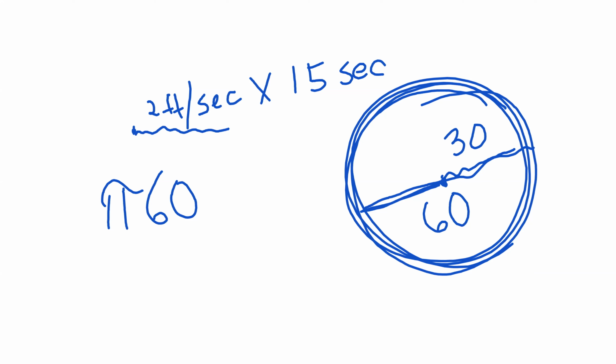Because just using the numbers like 2 and 15, let's see what that one would be. So that 94 is just the 2 times 15 times 3.14, right?